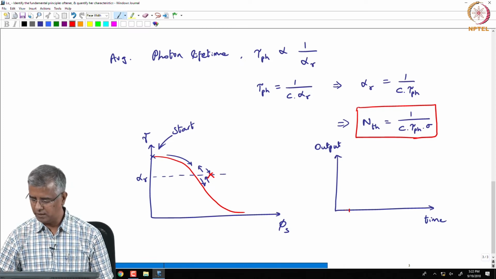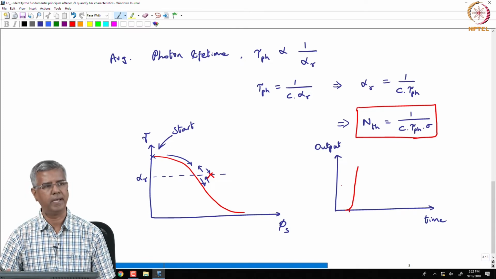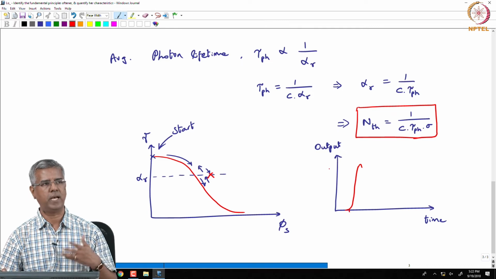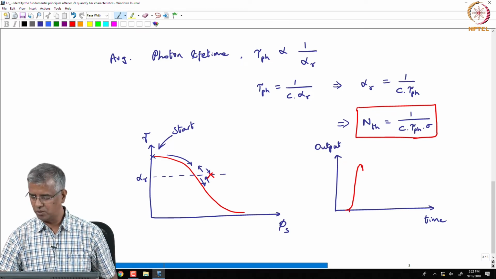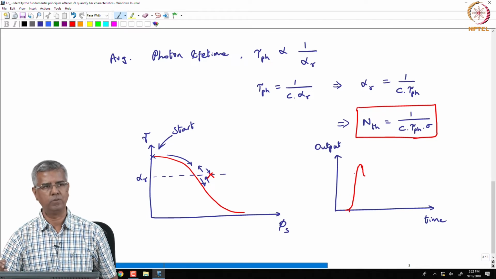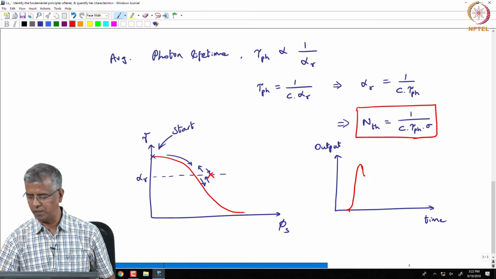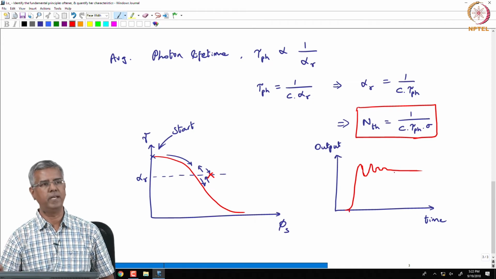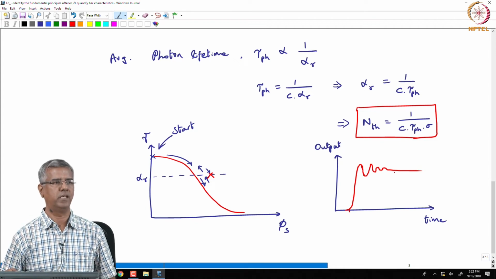Then I'm going to have a high output, and as you have the high output, you start to saturate the gain medium. So you're going to come down, and when you come down, you have fewer photons, so you can actually pick up on the gain. So you're going to go up, you're going to do this, and finally reach a steady state value.